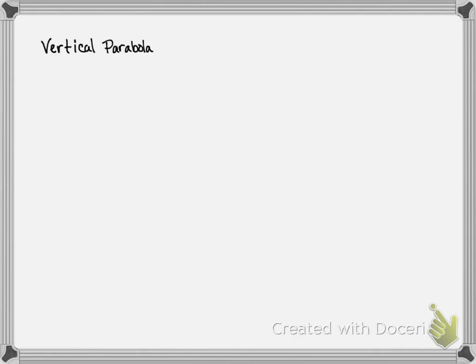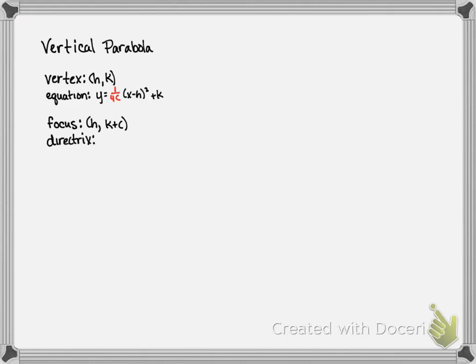As I said, we are only going to be looking at vertical parabolas, and the formulas that we need to know for vertical parabolas are the vertex, which we know is (h, k), the equation, and we've seen vertex form as y equals a(x minus h) squared plus k, but right now we're going to also see that a can be represented by 1 over 4c, and the focus has coordinates (h, k plus c), and the directrix, which is a horizontal line, will have the form y equals k minus c.